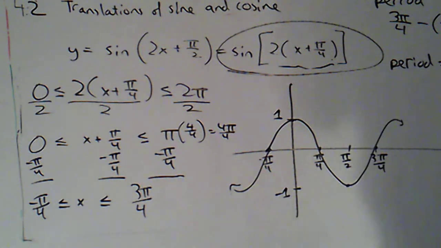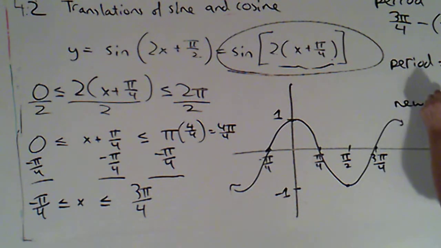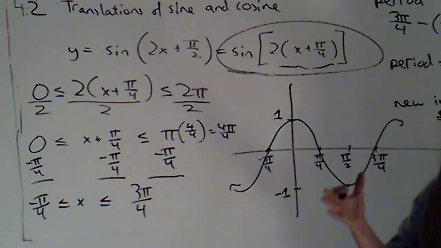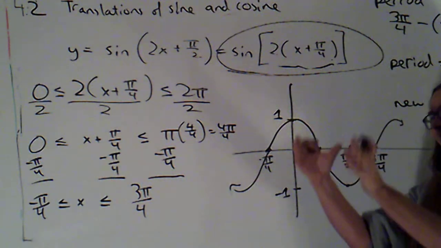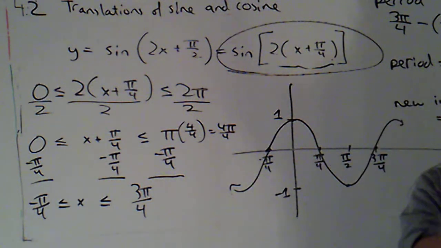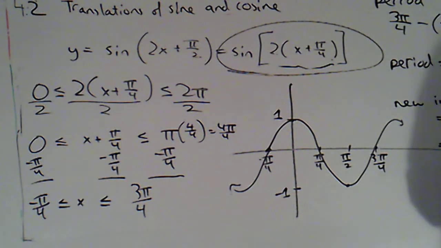So if my period is pi, the new increment is going to be the new period divided by 4. We're dividing into 4 equal pieces that would correspond to, originally, quadrant 1, quadrant 2, quadrant 3, quadrant 4. Now they're the transformation of those. So the new increment is pi over 4.